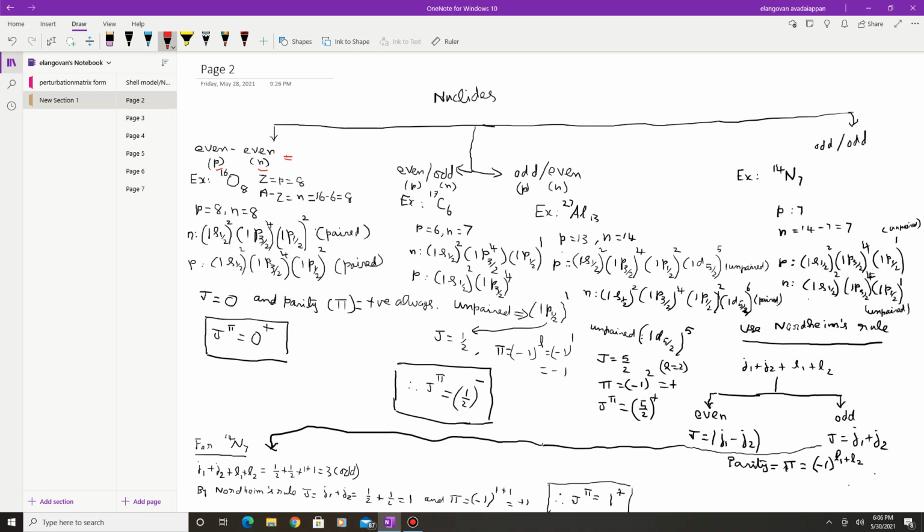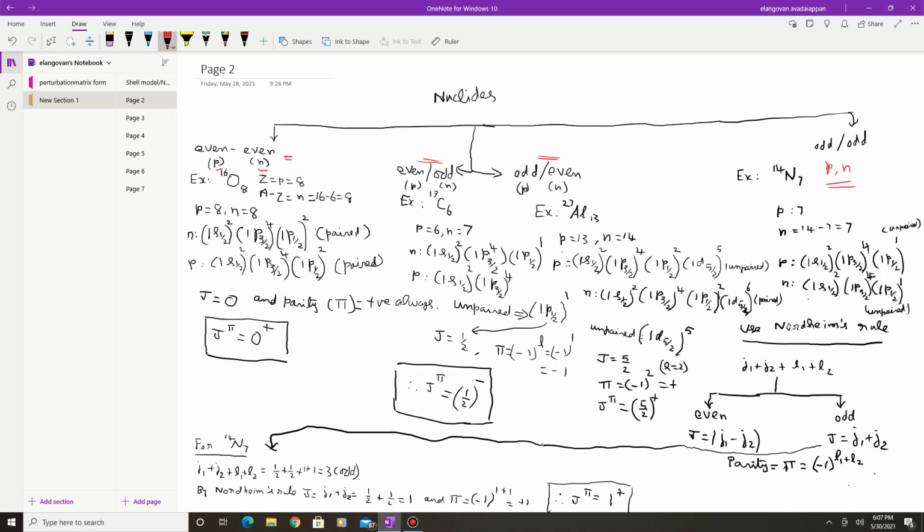And if the proton number is even and the neutron number is odd, this is an even-odd nucleus. So it can be categorized like this. Here, for even-even nuclei, the number of protons is even and the number of neutrons is even.